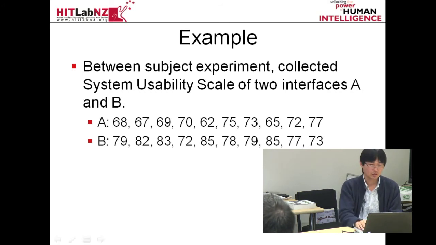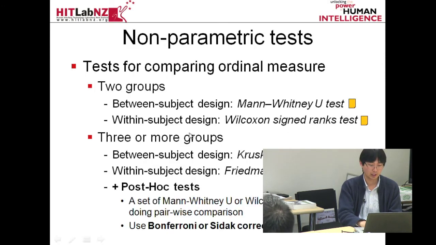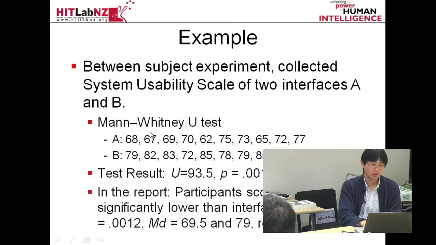So in this case, you cannot use the parametric test. Since it was between subject design and comparing two groups, as you can see from this slide, you'll have to use the Mann-Whitney U test, okay? If you run a Mann-Whitney U test and type in these numbers, the result will print out the U number and the p number.